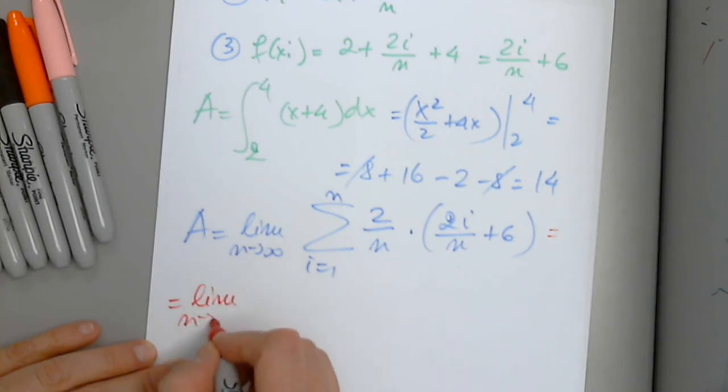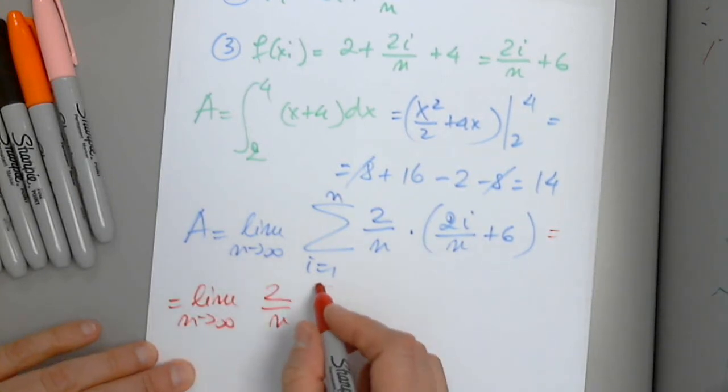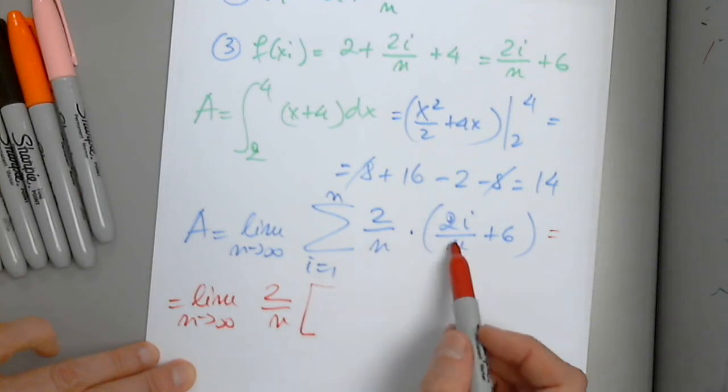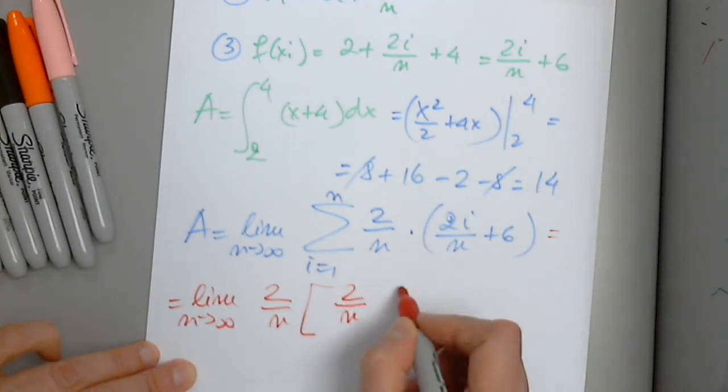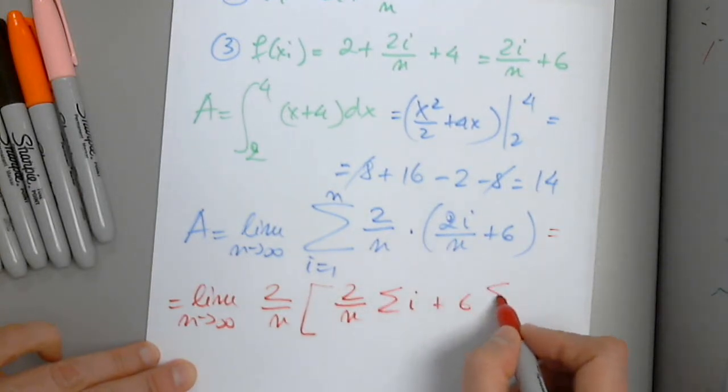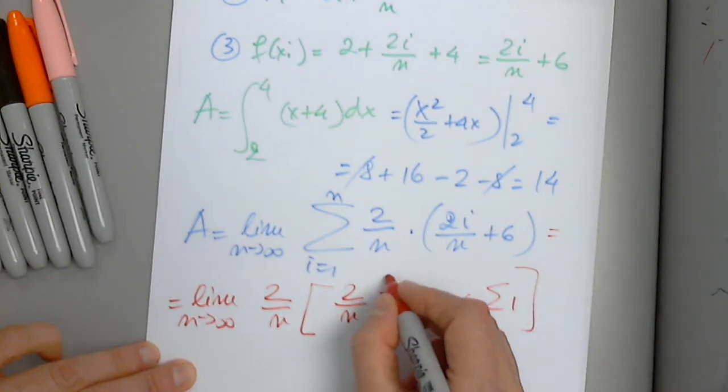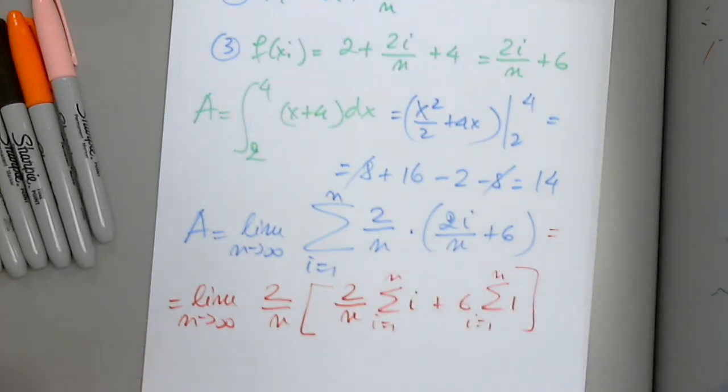So limit as n approaches infinity, 2 over n. Let's stop for a moment and look at this. First of all, I took 2 over n in front of the summation, or sigma notation. Then I applied the sum to this: the sum of i, plus 6 times the sum of 1. I pull 6 outside, the sum of 1.